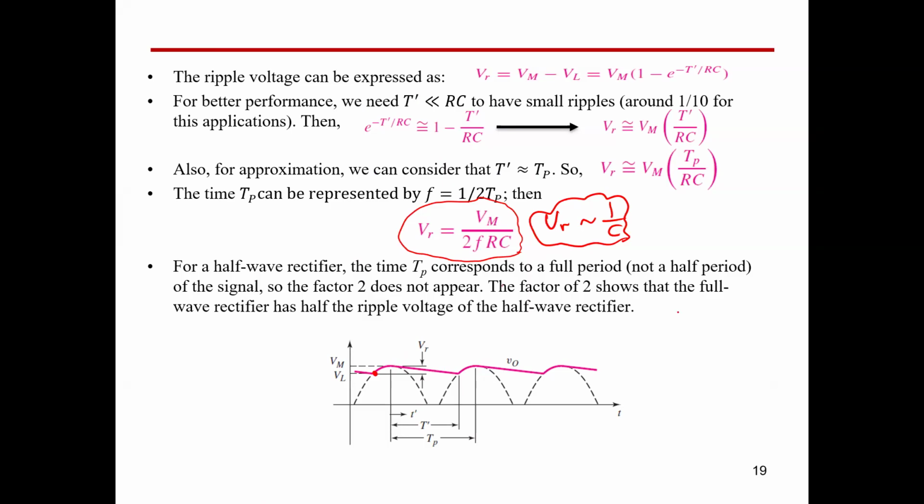Let me firstly say I have a half wave like that. Ripples means the maximum voltage minus the minimum voltage we have here. The maximum voltage in this waveform is the maximum, and the minimum voltage is 0 volt.